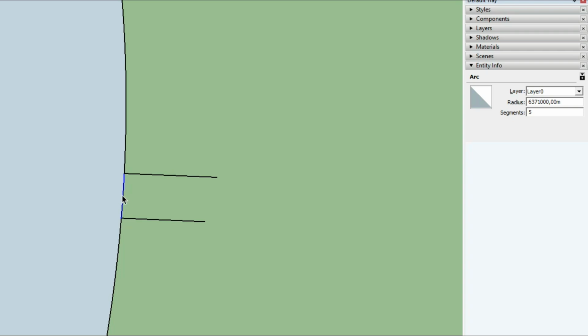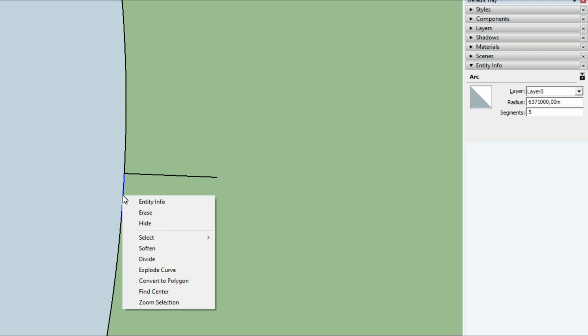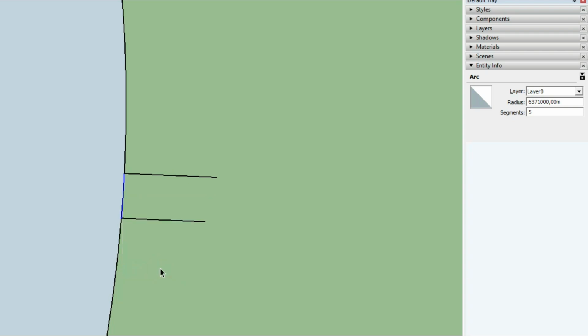Now you right click the part and explode to curve. And then it shows exactly how many meters this part is. That is how we measure around the arc in SketchUp.